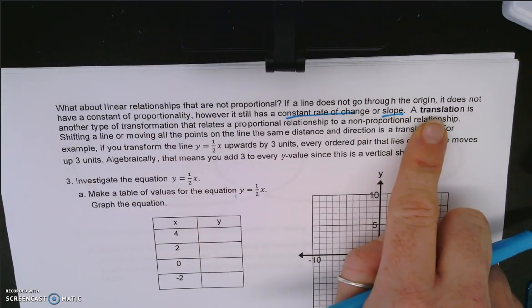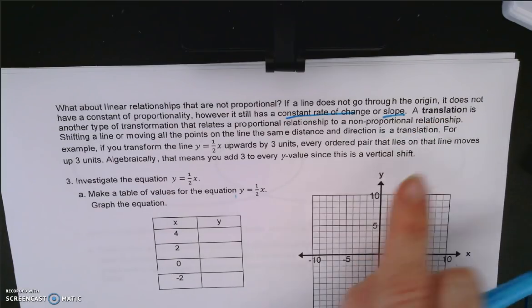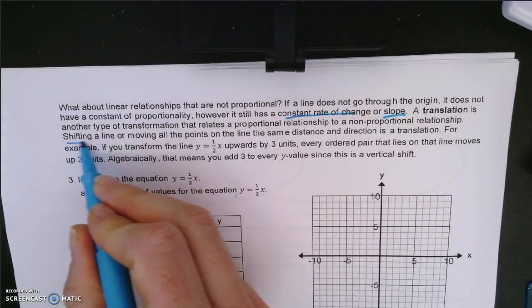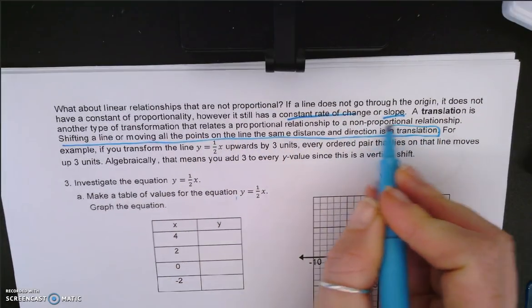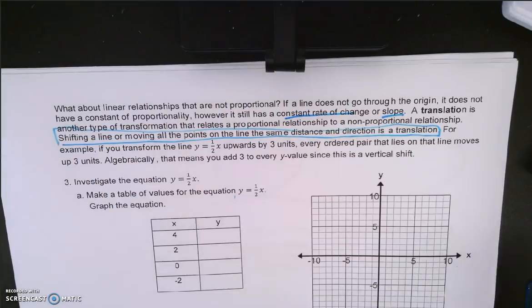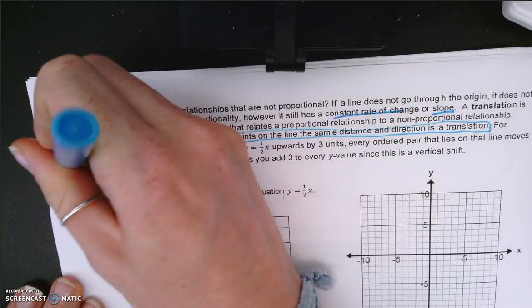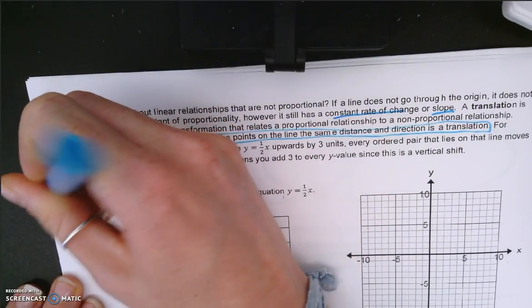A translation is going to keep the size and the shape the same. It's going to just shift or slide that shape around in space. So shifting a line, or moving all the points on the line the same distance and direction, is a translation. Sometimes a translation is a slide or a glide.